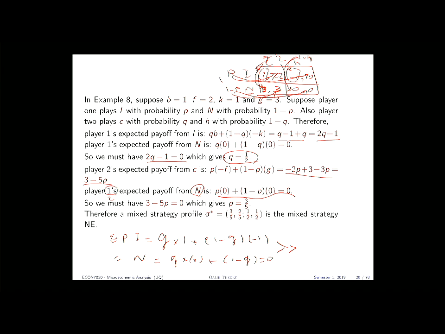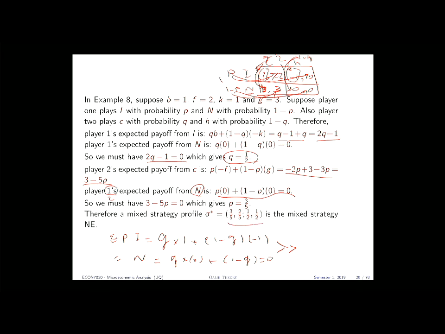So one clear thing is that both of the players have a 0 expectation from their second action. Okay. So now 3 minus 5P equal to 0 gives us P equal to 3 over 5. Now the way we represent a Nash equilibrium in mixed strategies is like that. We just represent the probabilities.